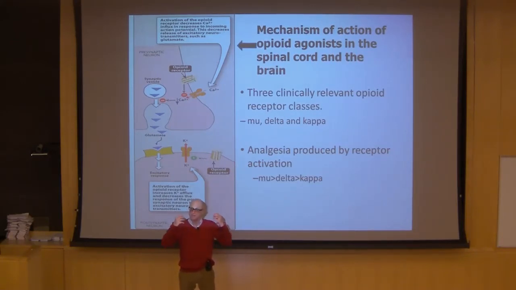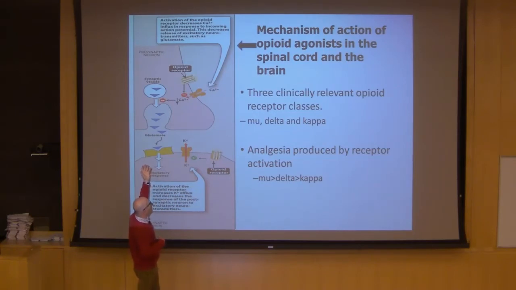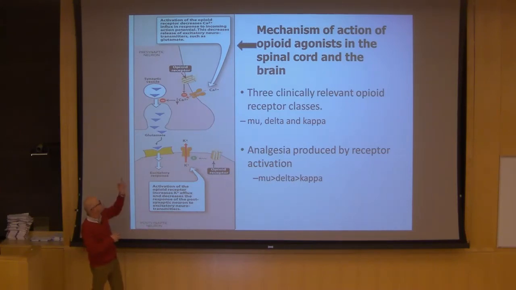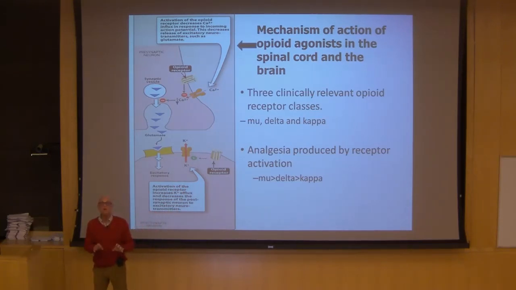So by stimulating opiate receptors on the presynaptic cell, they decrease the influx of calcium and then decrease the release of neurotransmitter, in this case glutamate, okay? And that's the main effect. And then the second one is to affect the postsynaptic cell, and they decrease the responsiveness to the glutamate, and that's through potassium channels. What you need to know is that the opiates decrease responsiveness.